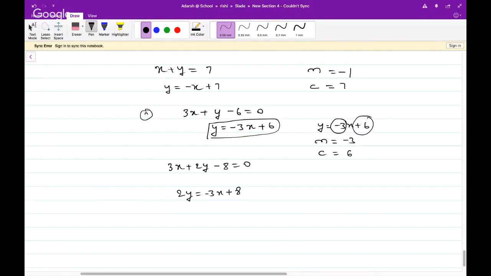This should only be y, it cannot be 2y, so divide everything by 2. We are dividing by 2 throughout, so we have to divide both the terms. So y is equal to minus 3 by 2 times x, this is our gradient, plus 8 by 2, which is 4.